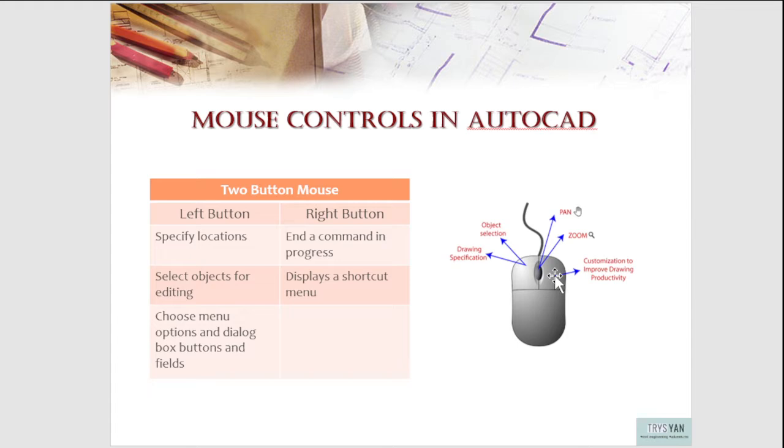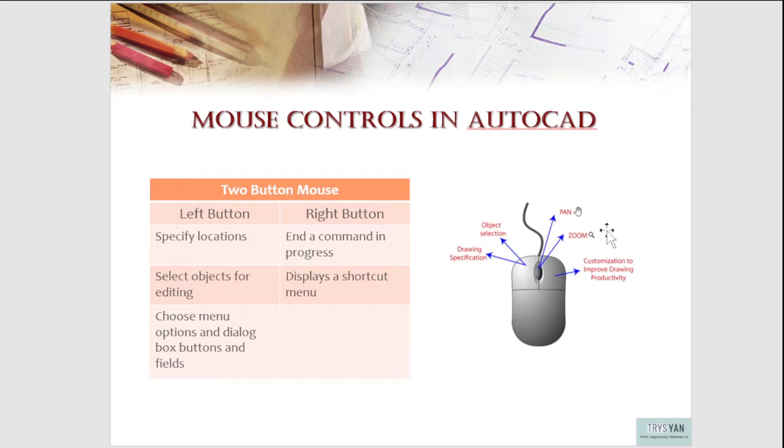It is used to end a command in progress, displays a shortcut menu, and customization to improve drawing productivity. And lastly, the pan. So we can also use this as the third button, no? The pan. I mean the wheel. I'm so sorry. The wheel, we can use it to pan and to zoom.